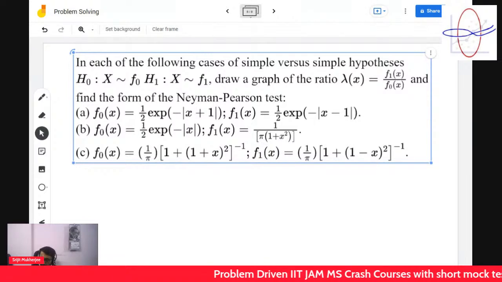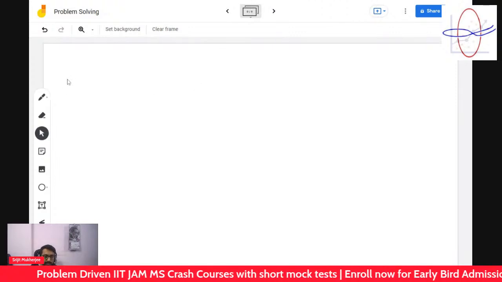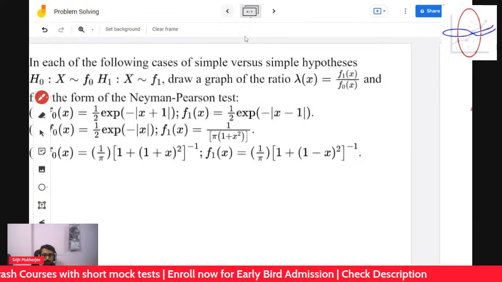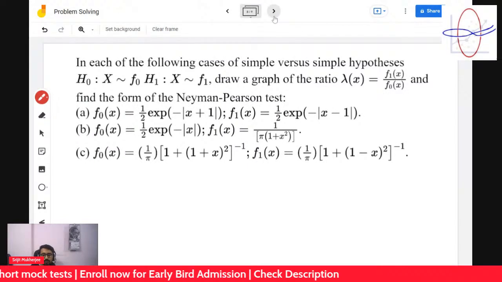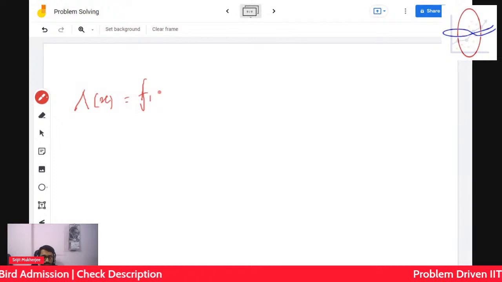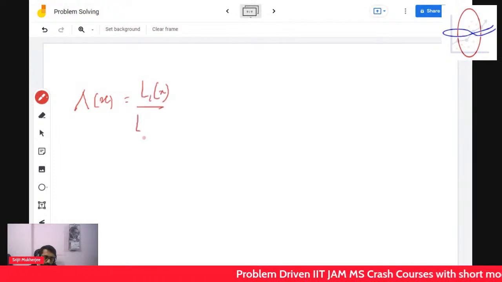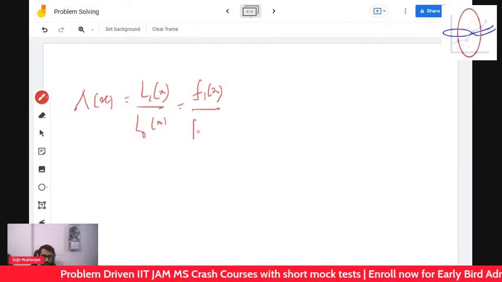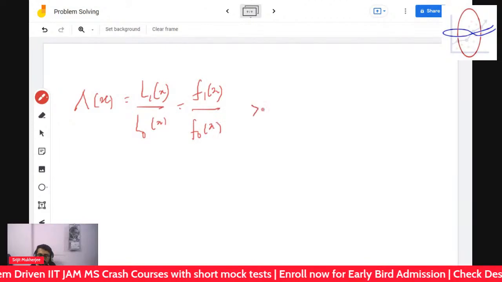So what it's trying to make you understand is the following, that this lambda x, that is L1 x by L naught x, which is your f1 x by f naught x, this is greater than c.